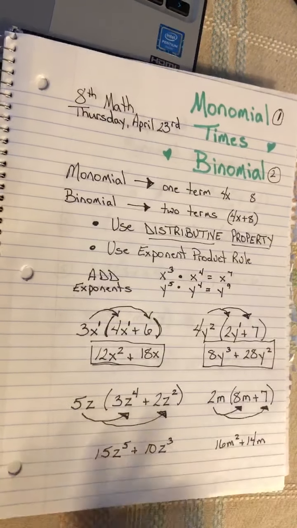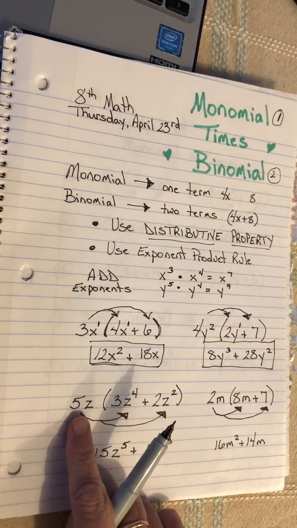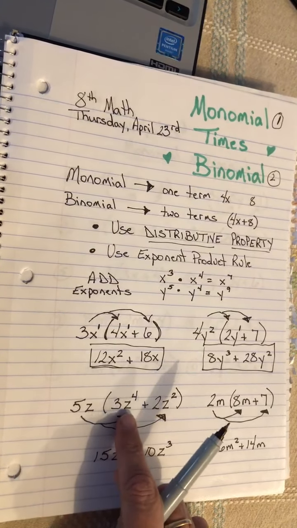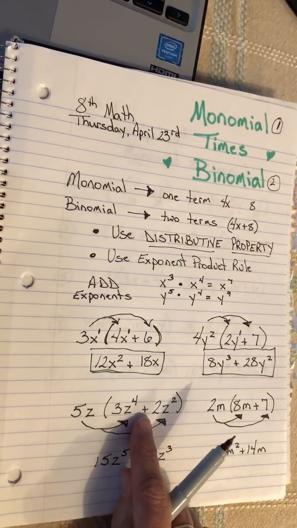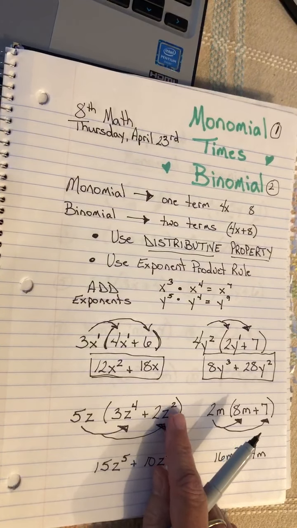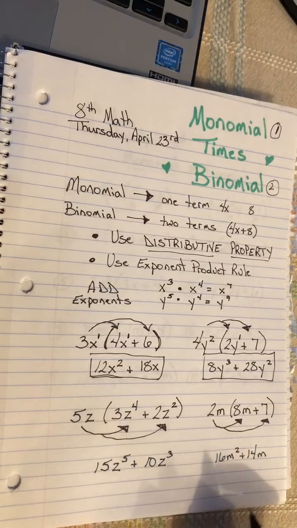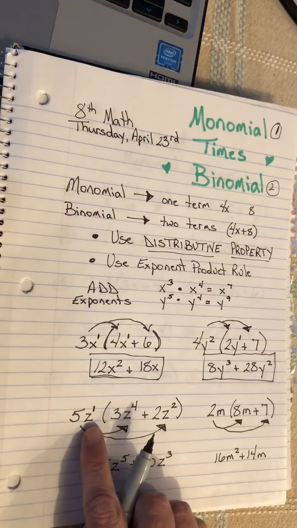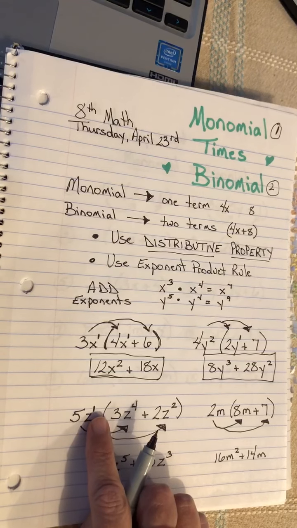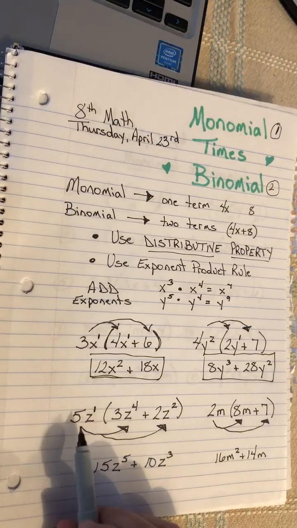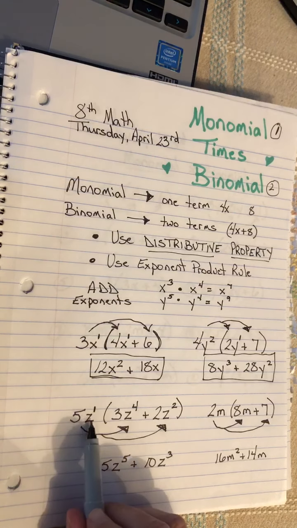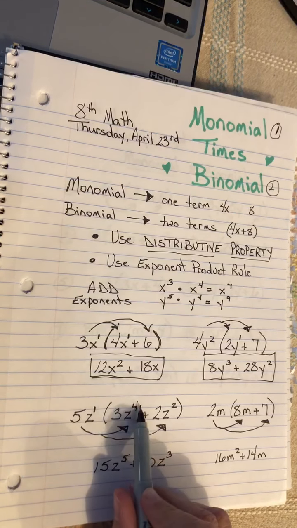Let's look at this one. We have 5z times parentheses 3z to the fourth plus 2z squared. So once again, distributive property. If it helps you, put the 1 in there after the z, so it's to the first power. So I did 5 times 3 is 15. Z to the first times z to the fourth.